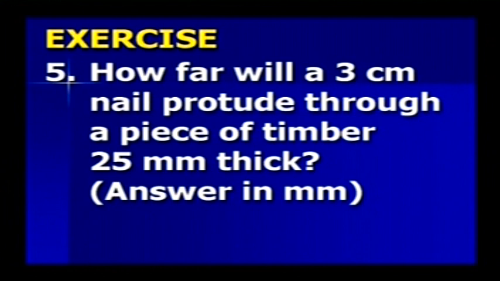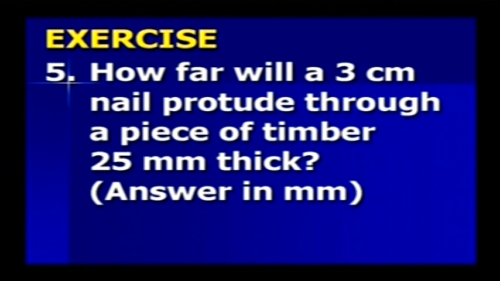So here the nail is 3 centimeters. Because these two are different units, centimeters and millimeters, firstly, the hint is answer in millimeters. So what do I do? Firstly, I must convert or change 3 centimeters into millimeters.